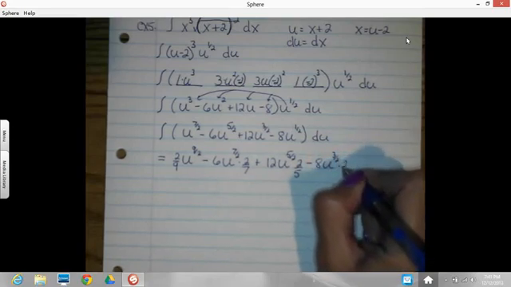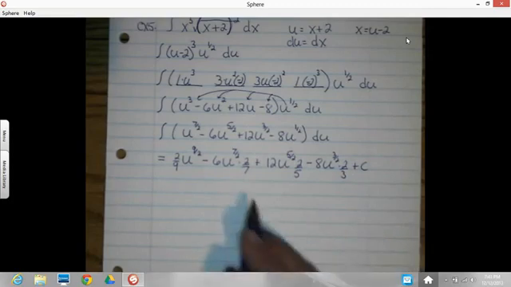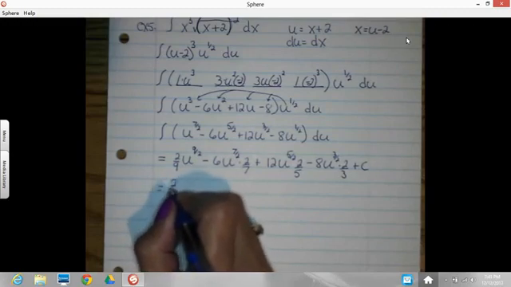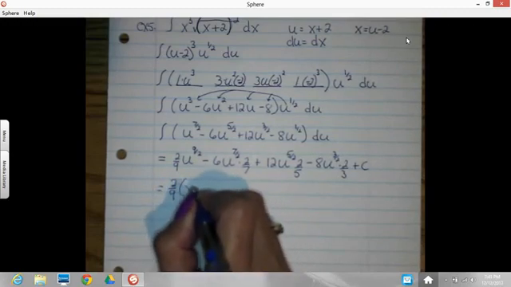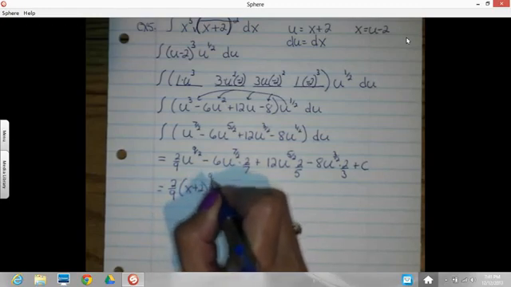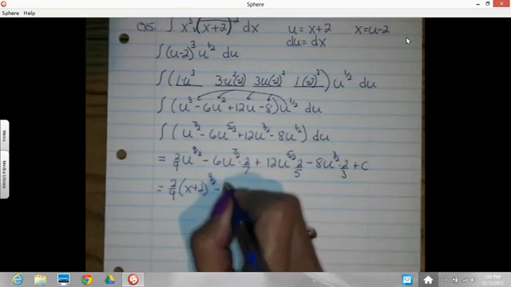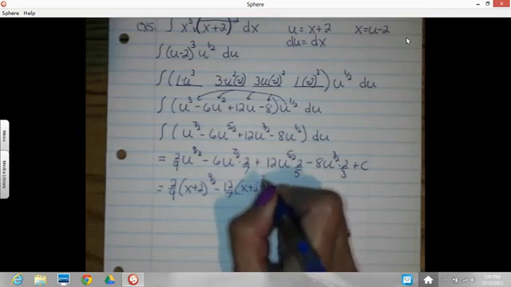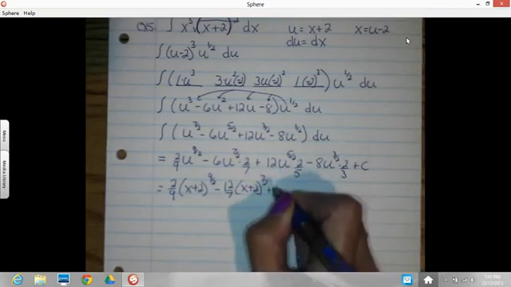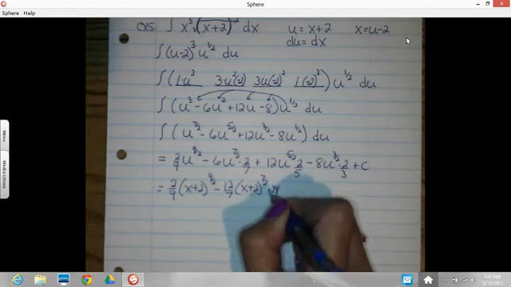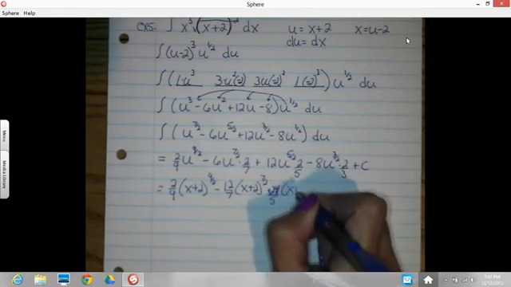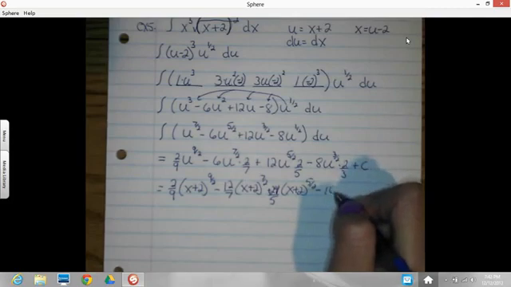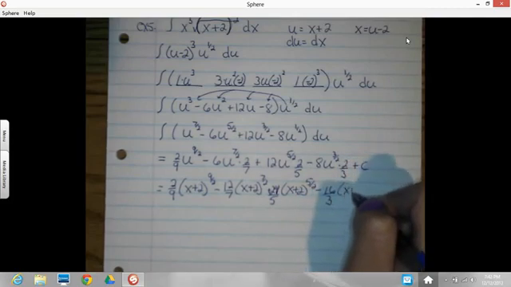Now I will simplify the constants and back substitute for x. So final answer, 2/9 (x plus 2) to the 9/2. Let's see, that'll be minus 12/7 (x plus 2) to the 7/2 plus 24/5 (x plus 2) to the 5/2 minus 16/3 (x plus 2) to the 3/2 plus c.